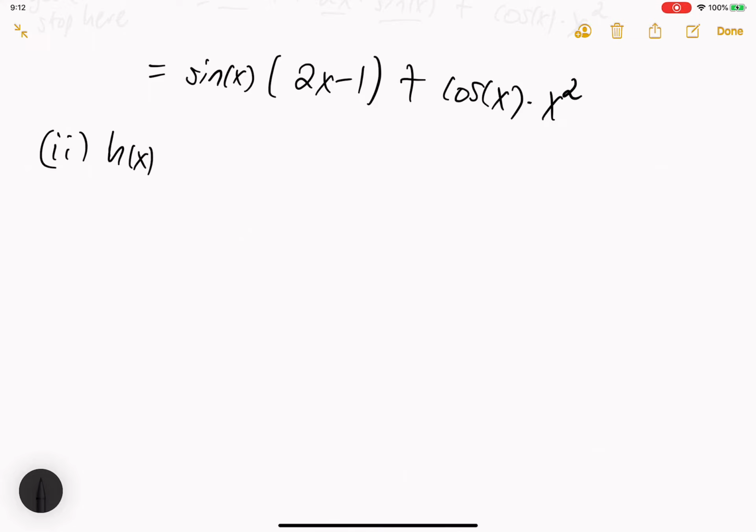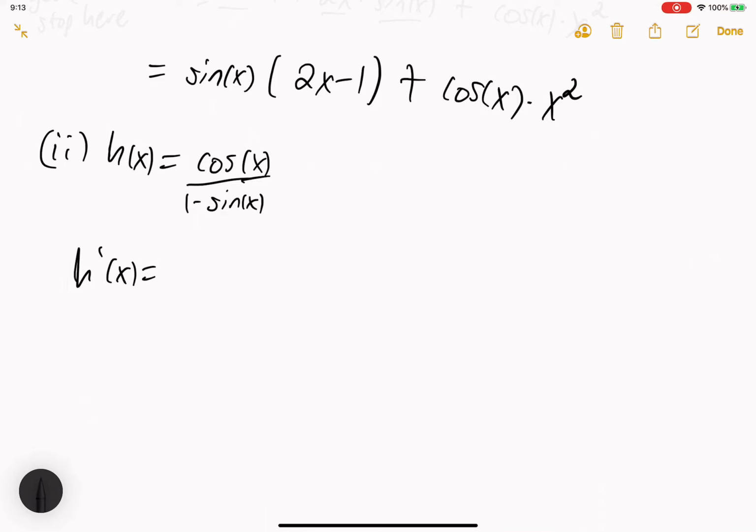All right, so our second function that we're going to differentiate is h of x equal to cosine of x divided by 1 minus sine of x. And so h prime of x is going to equal, remember this is a quotient rule, so low d high minus high d low all over low squared.